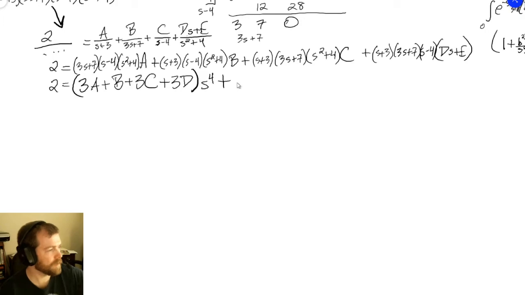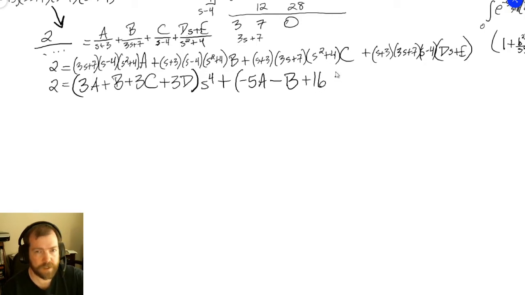Plus s to the third is going to be negative 5a s cubed, negative b, plus 16c, plus 4d, plus 3e s cubed.